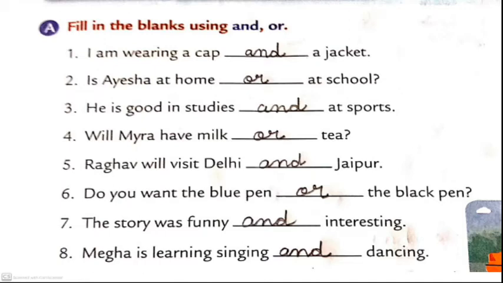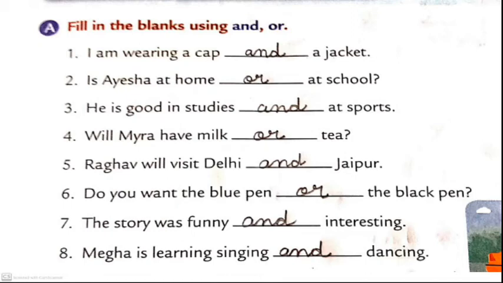Whenever two similar things are there, then we are going to use and, whenever choice is being made, then we are going to use or. For example, first one, I am wearing a cap dash a jacket. Since I am wearing both the things, that's why we are going to use here and.